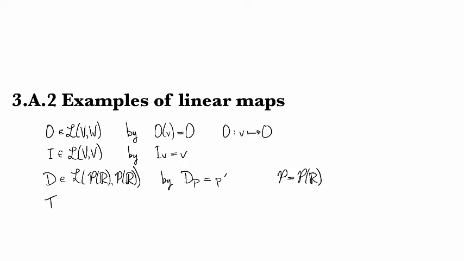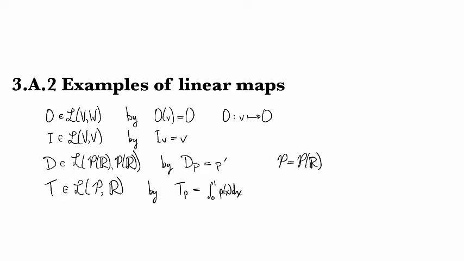So I can go from P to R by mapping the polynomial P to the integral from 0 to 1 of P. So integration over the unit interval sends the polynomial P to a number, a real number. And it does it in a linear way because the integral of a sum is equal to the sum of the integrals, and you can also pull a scalar out of an integral.